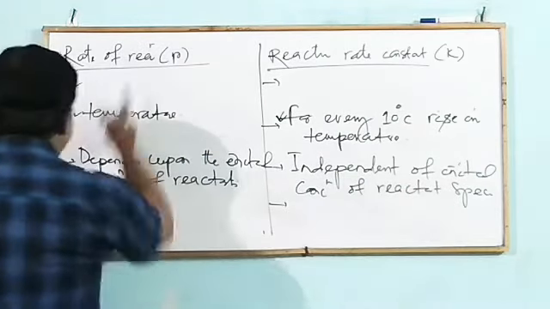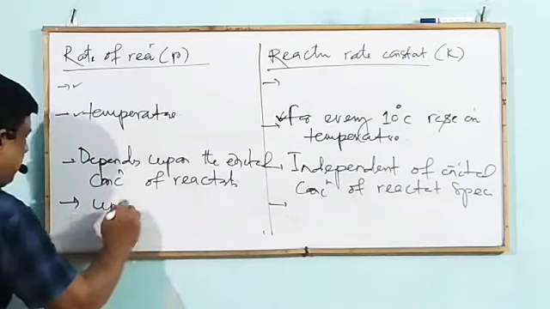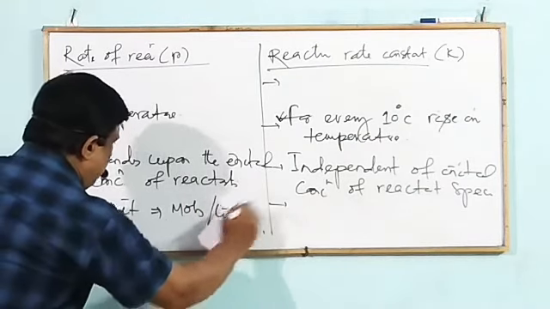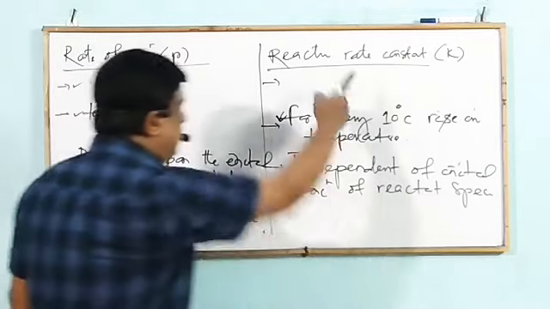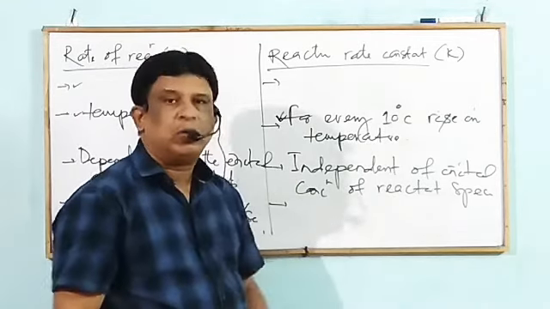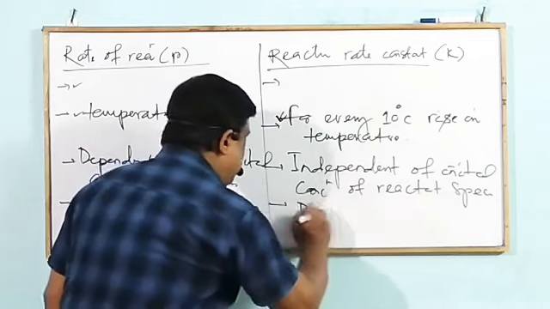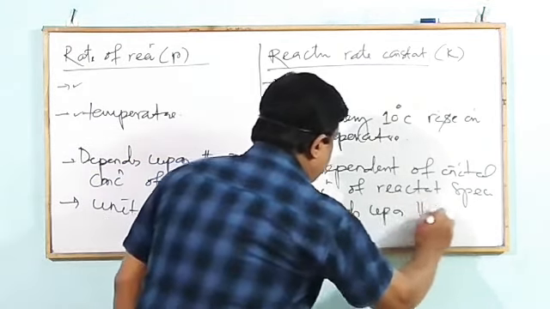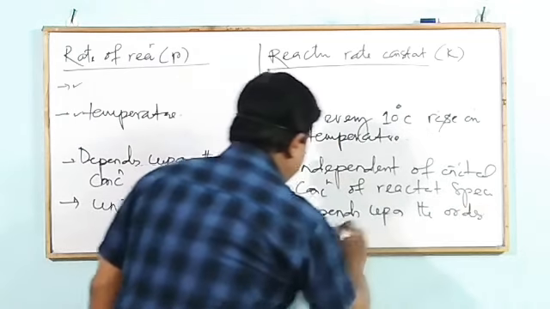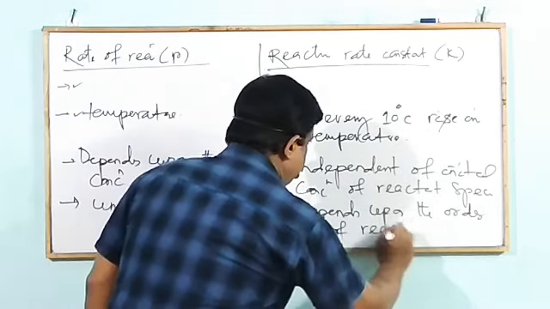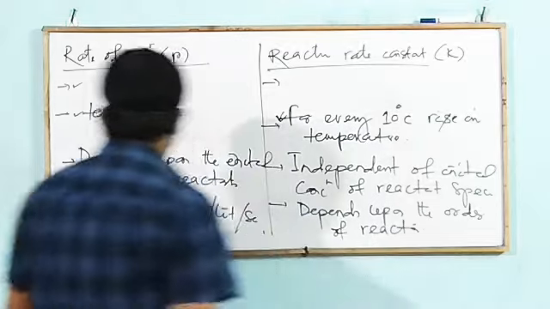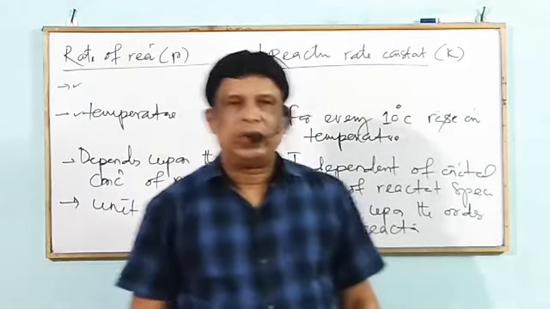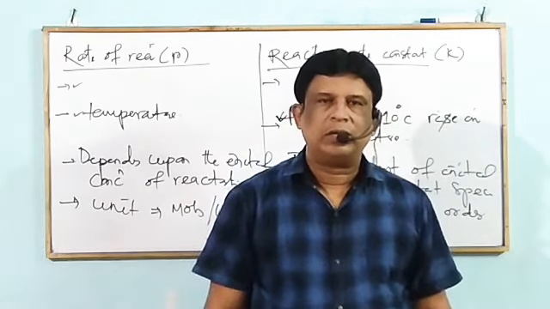Next point, the unit of rate of reaction is fixed, that is moles per liter per second, but the unit of the rate constant is not fixed; it depends upon the order of reaction. This is the difference between rate of reaction and reaction rate constant or velocity constant.